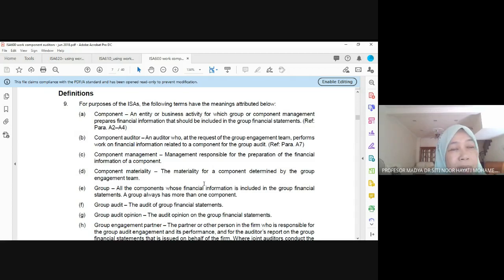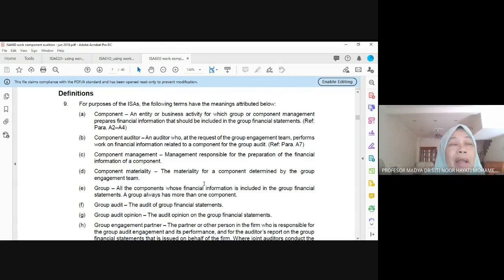That is one. And also when we say component materiality, maybe how this component contributes to the financial stability of the holding company. So that too can be considered as component materiality.